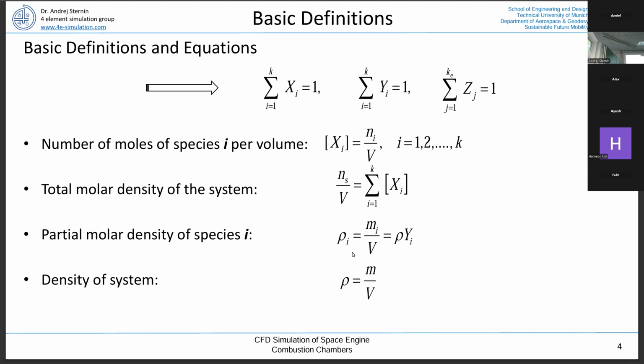So density is important, and that's the reason why we use a mole of a certain volume. Then we have a partial molar density and the overall density of the system.